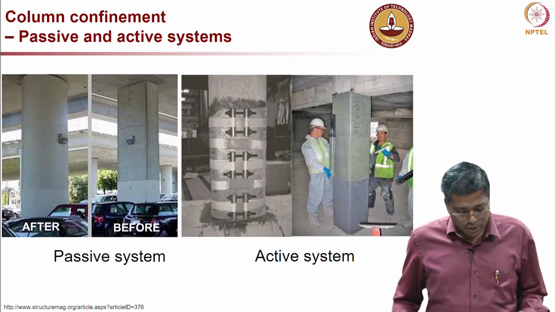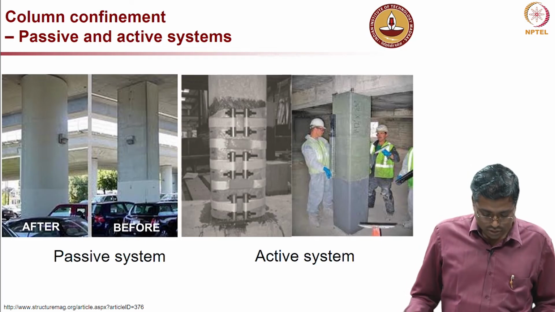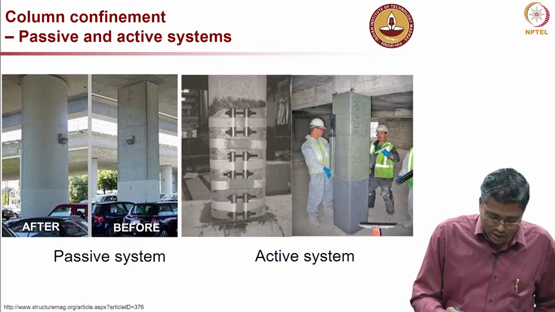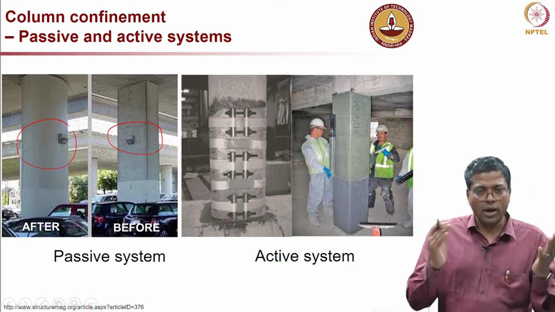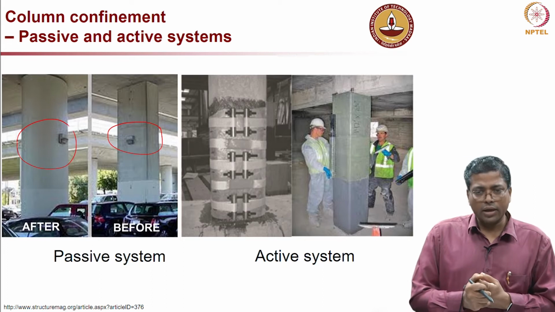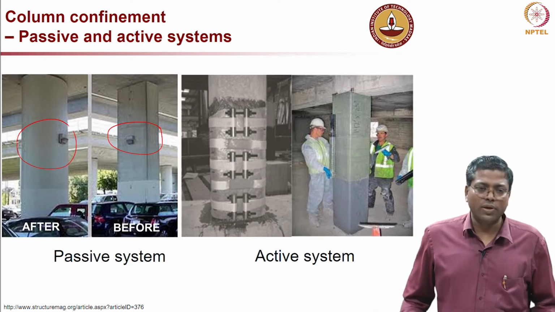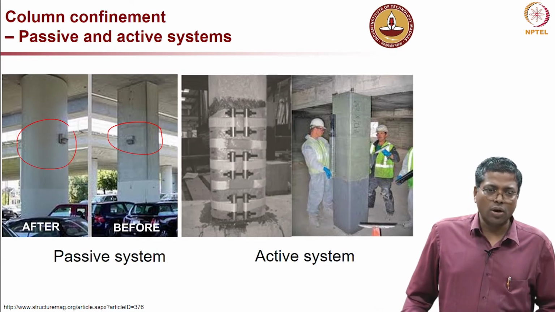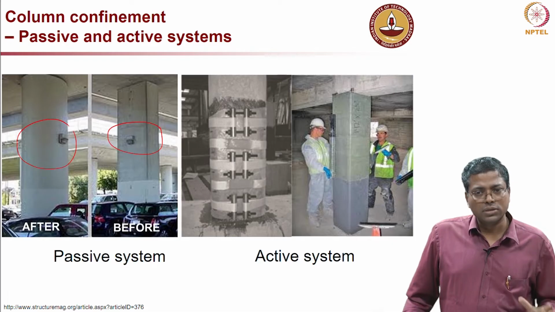So, here as an example, on the left side you see a passive system and on the right side an active system. On the left side, before the repair, this was a rectangular column, and after repair it became a circular column. So, you provide a circular ring or a steel jacket and then fill the space between the steel jacket and the concrete column with cement or concrete or whatever the system.